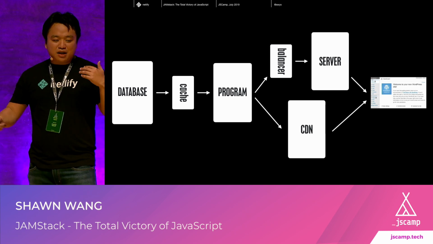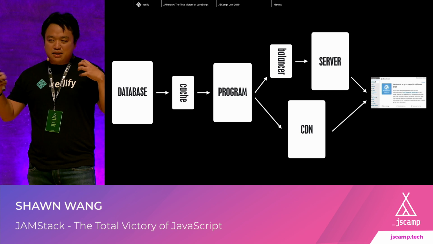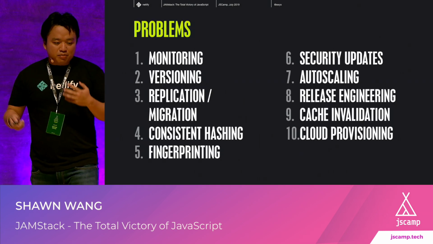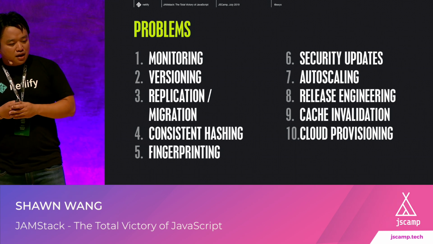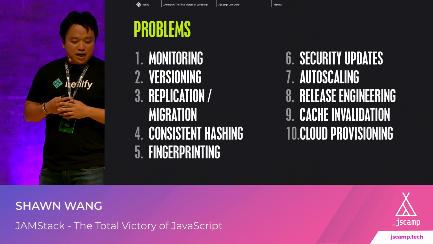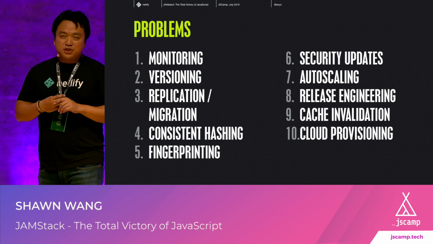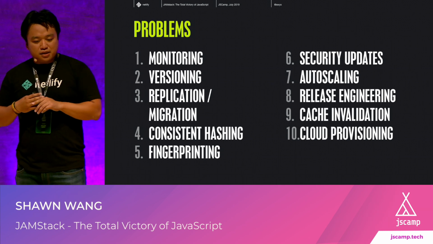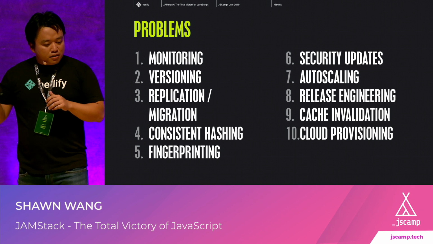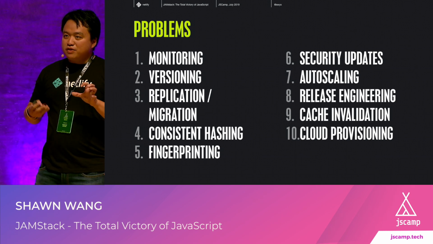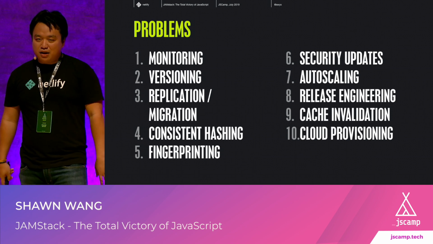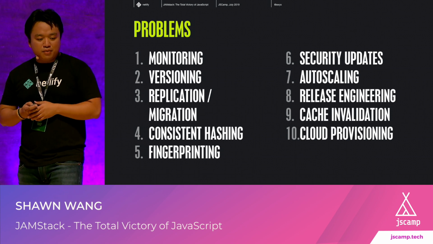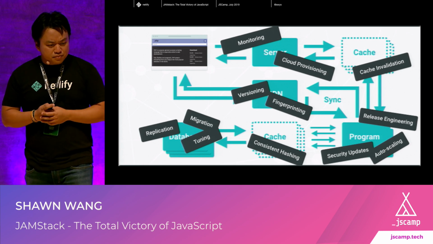And this actually introduces more problems. Here are some of them that we started thinking about and listing. Monitoring, versioning, consistent hashing, auto-scaling, which with Kubernetes these days is a little bit easier, and a whole bunch of different provisioning issues, basically requiring that you have a backend engineer on your team, or that you have that knowledge.